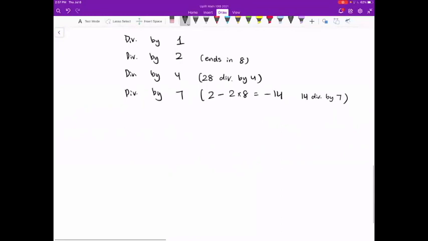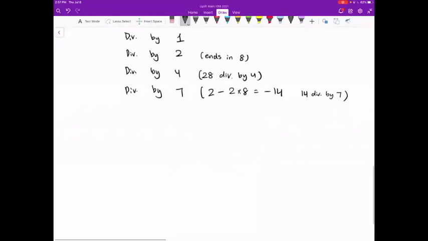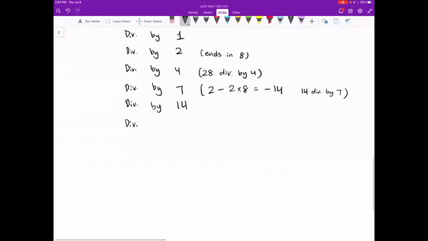And since factors always come in pairs, we could fill out the rest. We know that 28 divided by 2 gives us 14, so that's another factor. And divided by 1, that gives us 28, so that's another factor.